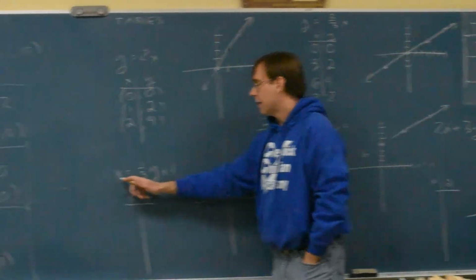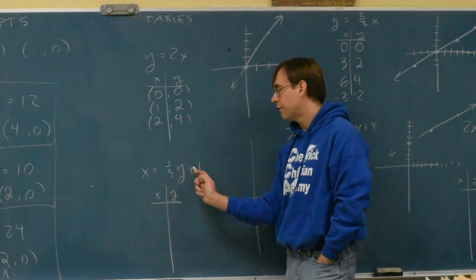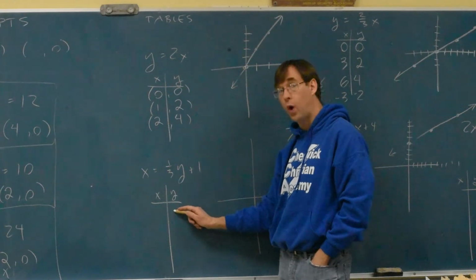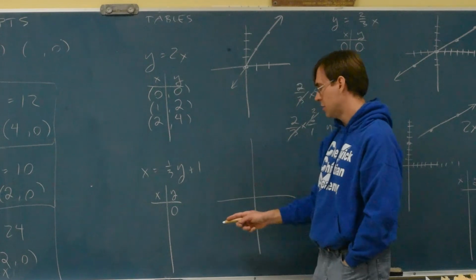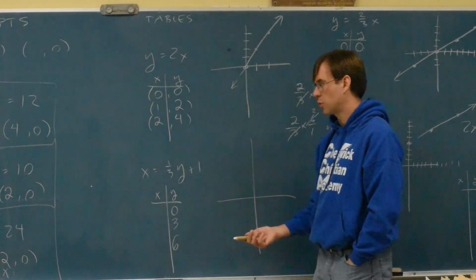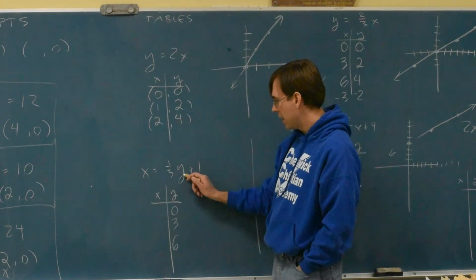If I cut back over to this, this is different because it's x equals, so the roles have reversed. If it's x equals, I'm going to pick numbers for y. We're going to always pick for the other letter. So I'm always going to use 0. And with 3s, I feel like using 3s and 6s probably. So 1/3 times 0 is 0.